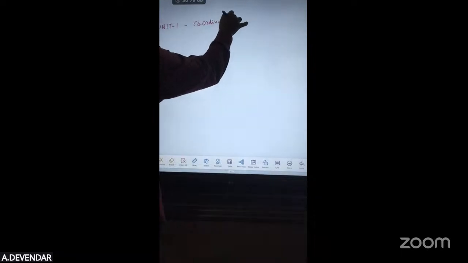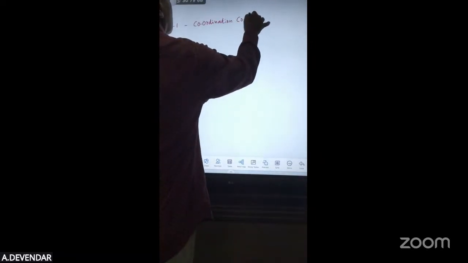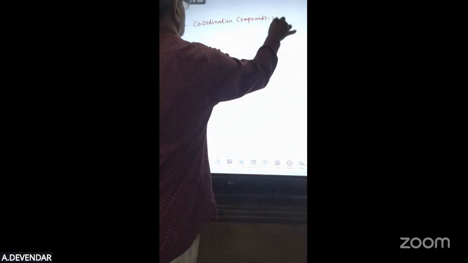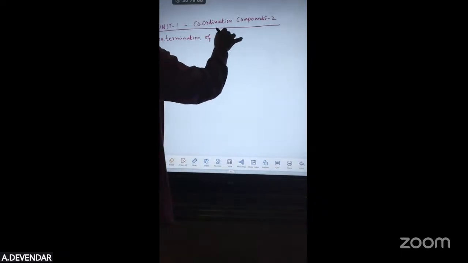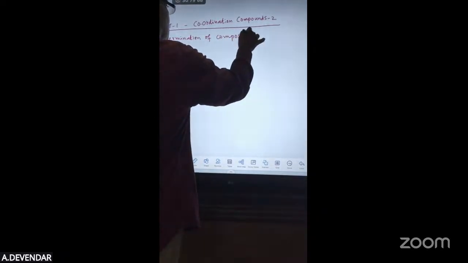In unit one, coordination compounds, the main important topic is the determination of the composition of metal complexes.